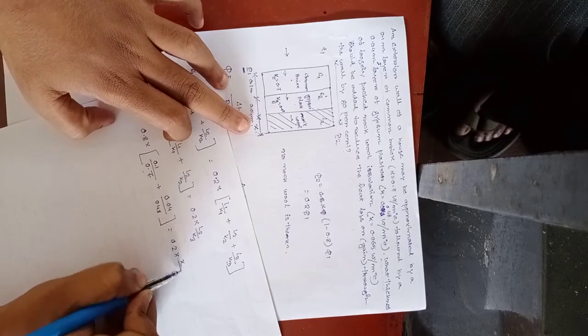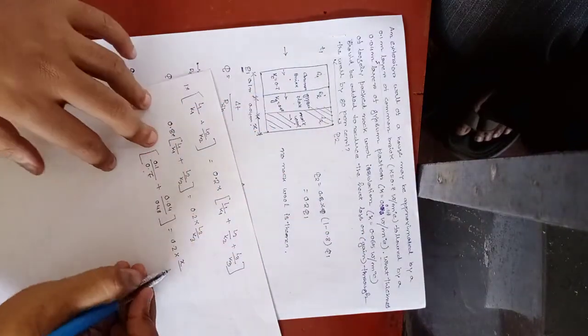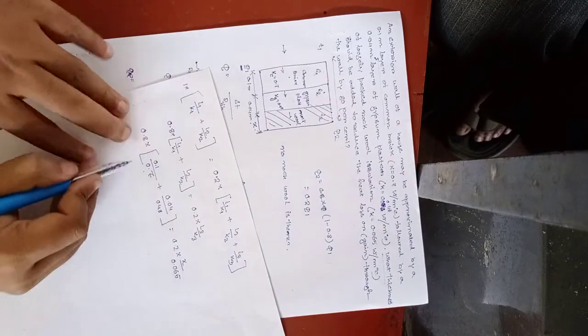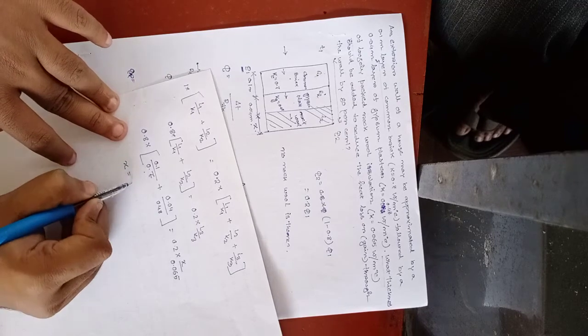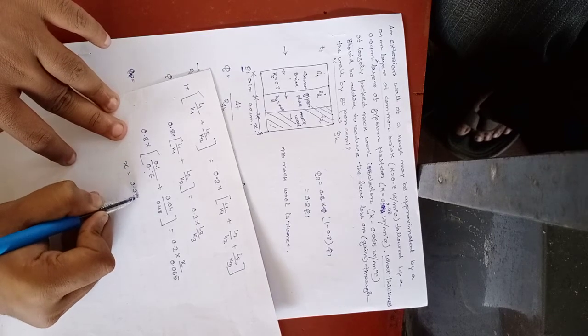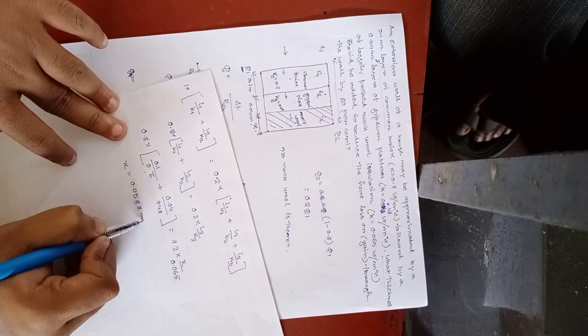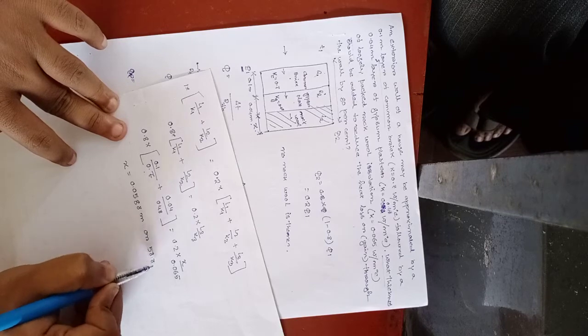It is X. What is K3? K3 is given as 0.065. So if you do the calculation, you will see X will come 0.0588 meter or 58.8 millimeter.